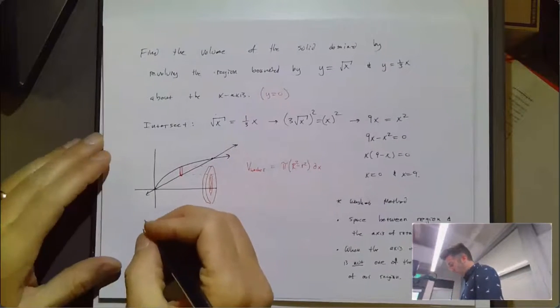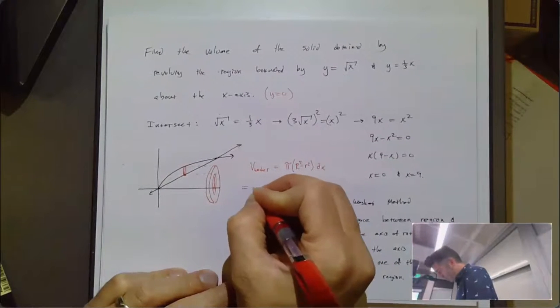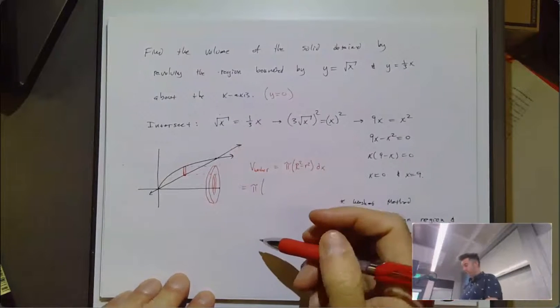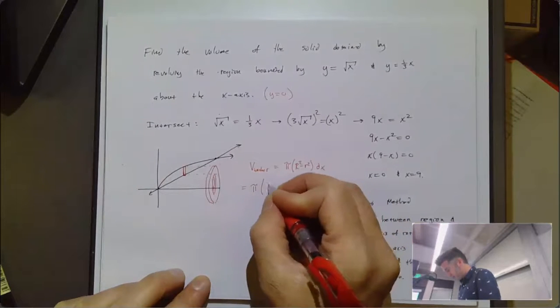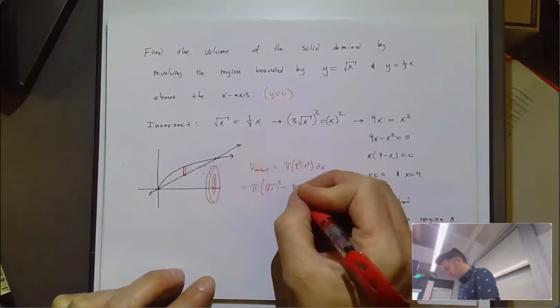So here, the volume of my washer is going to equal pi times, okay, the outermost function, this is where drawing it really is helpful. The outer function is clearly the square root of x. The inner function is clearly 1/3 x.